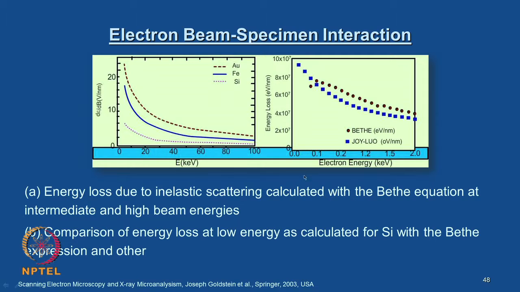So, you can see two plots which are based on this Bethe equation, showing how the energy loss due to inelastic scattering is calculated. Plot A is the energy loss due to inelastic scattering calculated with the Bethe equation at intermediate and high beam energies for all these elements.